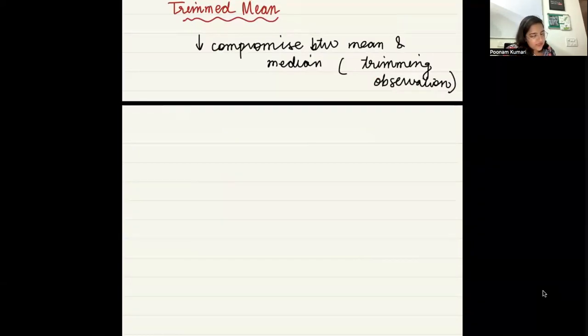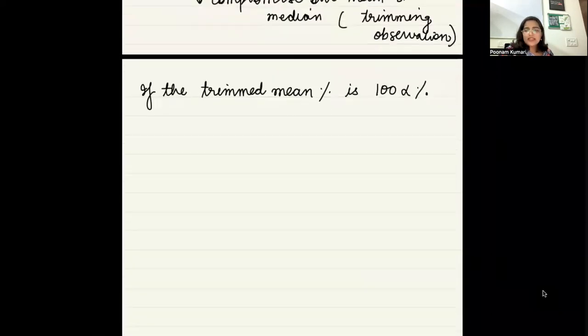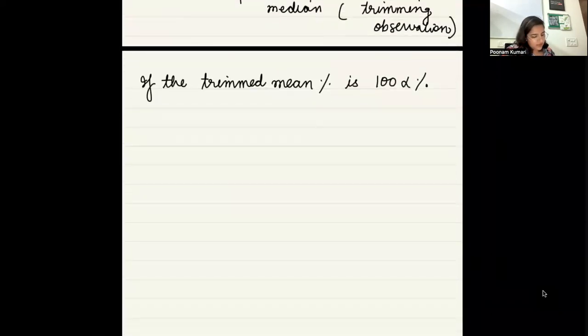If somebody says you have to find the 100 alpha percent trimmed mean, let me rather use an example first.